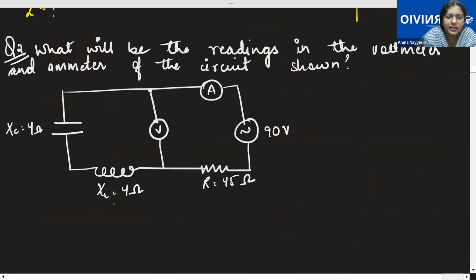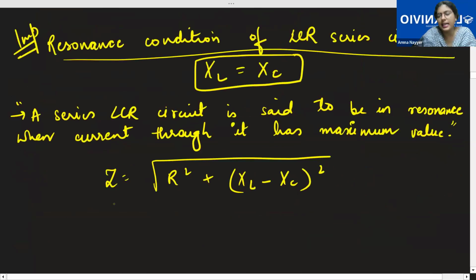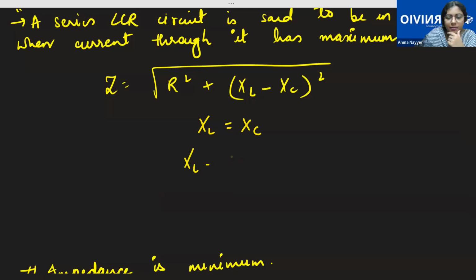See, this question is from the resonance part. Let me discuss what exactly is resonance. Resonance is a condition where the value of inductive reactance and capacitive reactance are equal. If XL is equal to XC, then XL minus XC is equal to 0.